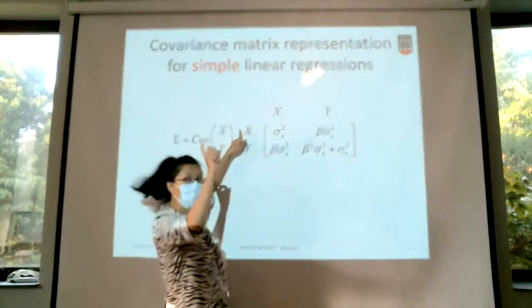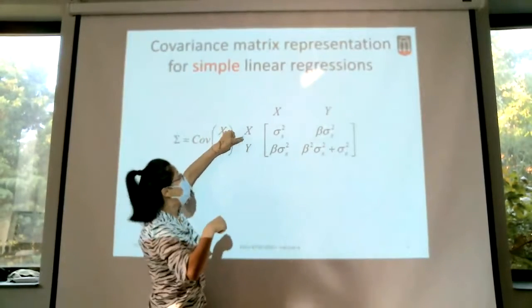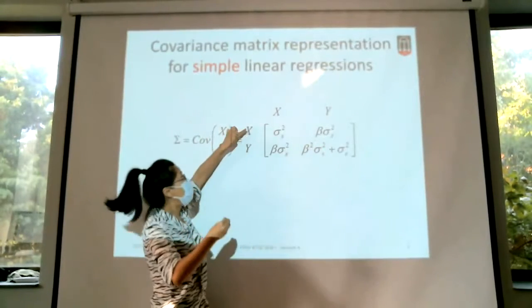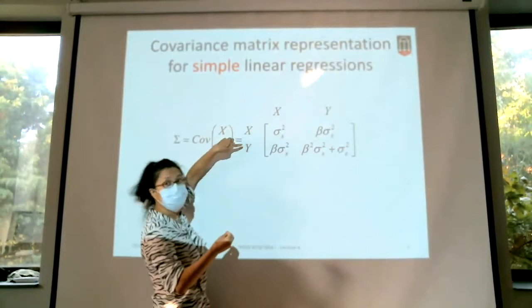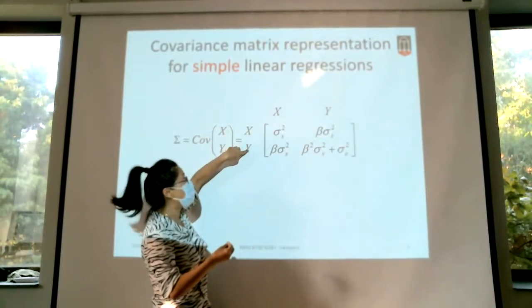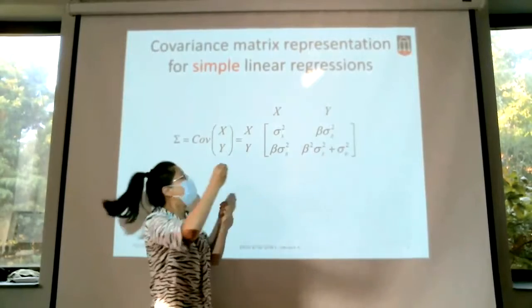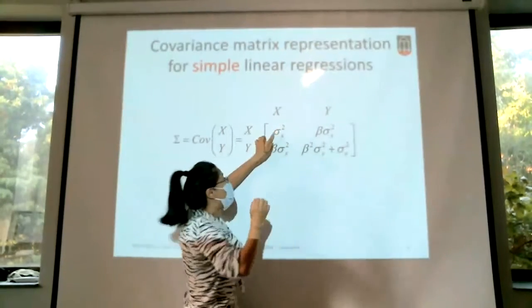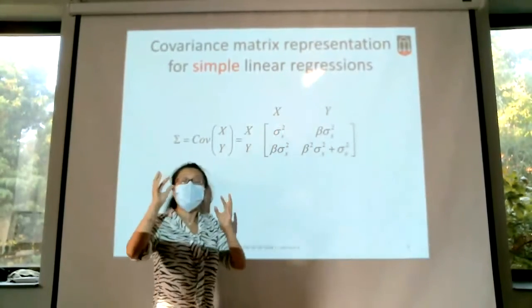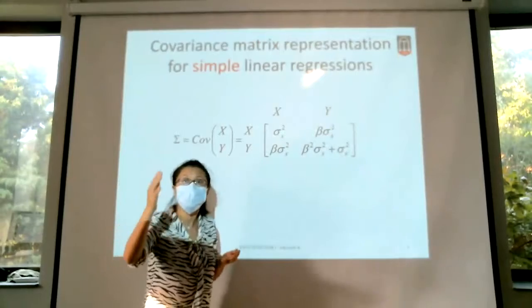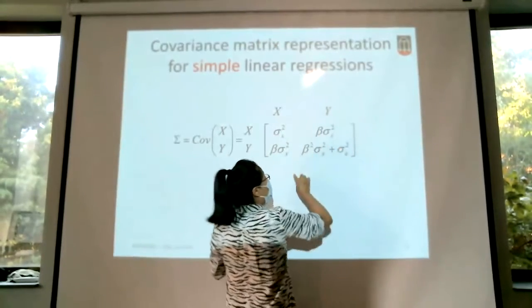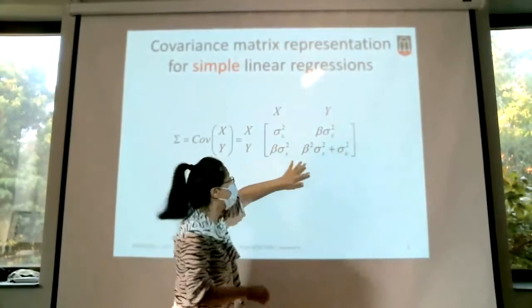We have a simple linear regression example. X is an independent variable, Y is a dependent variable, and X causes Y. Y is the outcome, and the coefficient is beta. Suppose we know the variance of X is sigma X squared. By looking at the model, we manually derived the capital Sigma here.